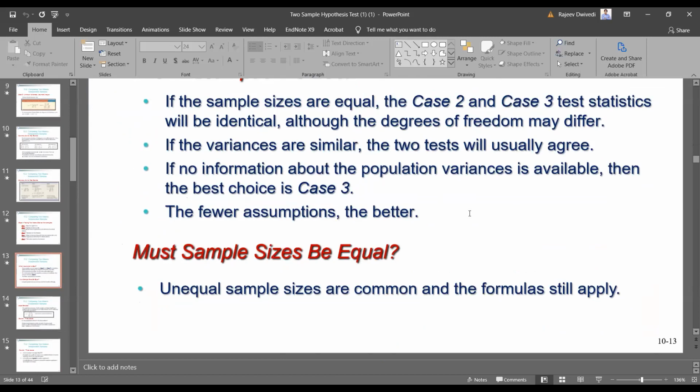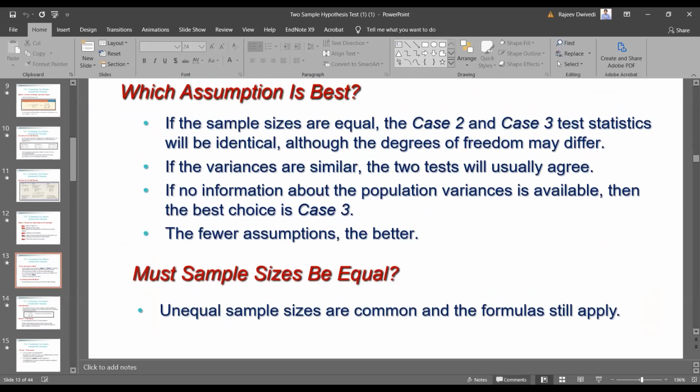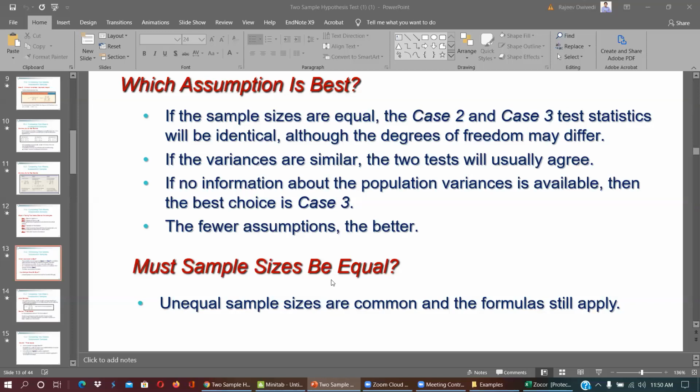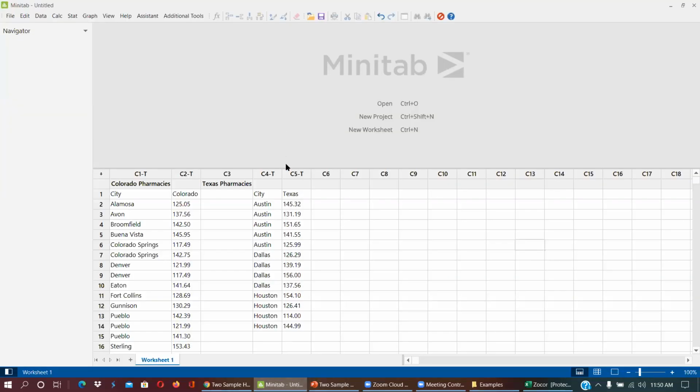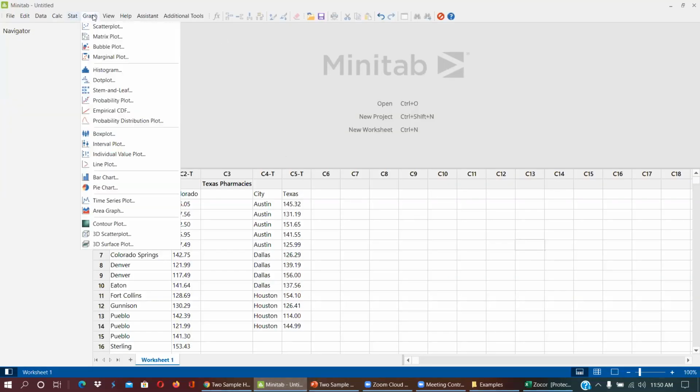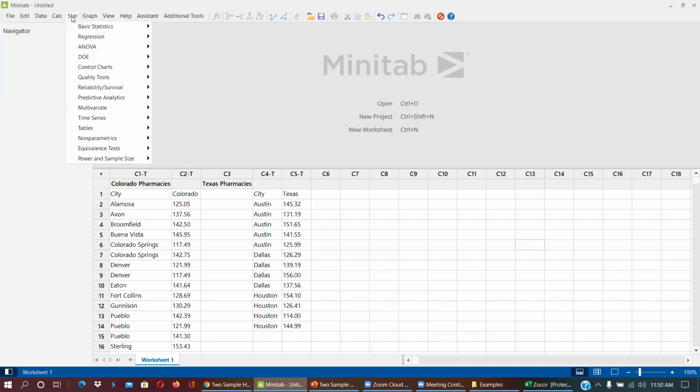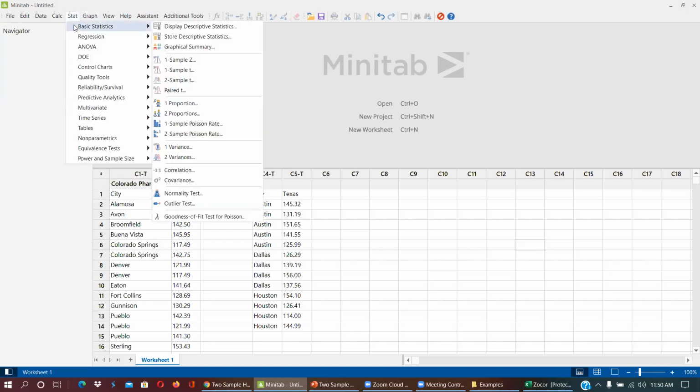Now we are going to work on some problems. So this is our Minitab. How do we go here? Go under Stat. Under Stat, you have Basic Statistics. Under Basic Statistics, you have two sample t-test.